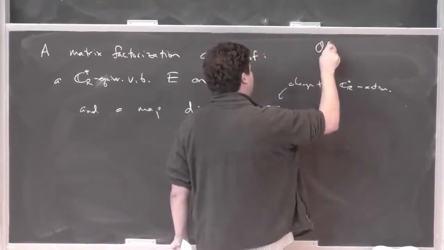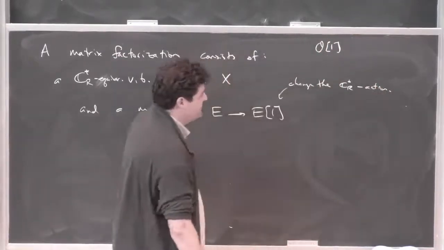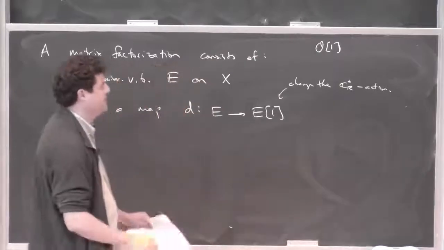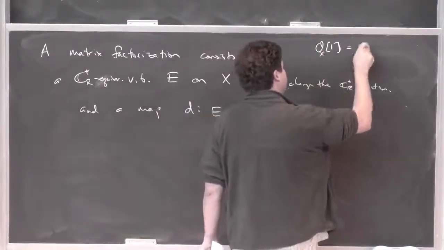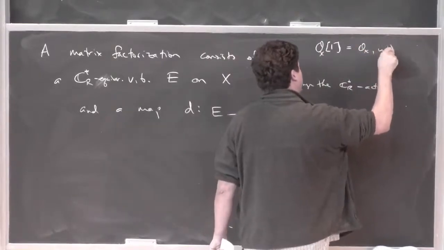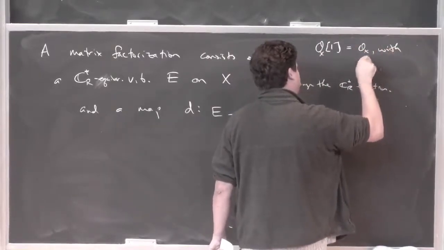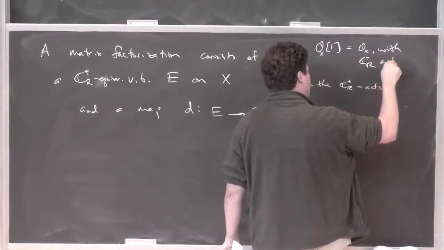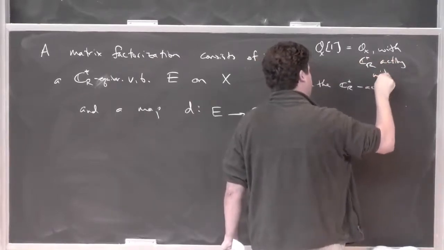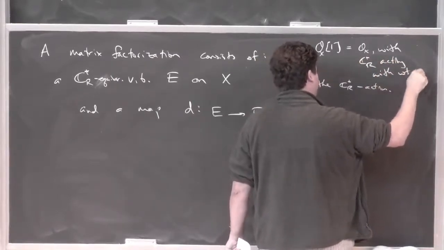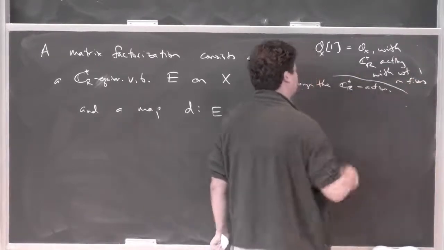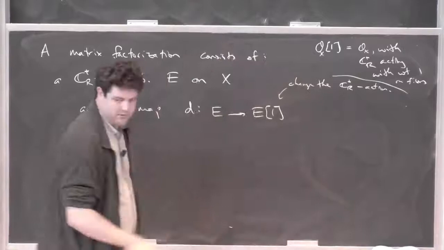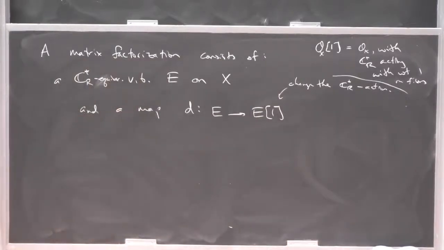O shifted by 1 is just OX, where OX is OX with C star R charge acting with weight 1 on the fibers, as opposed to usual OX, where C star R won't act on the fibers.